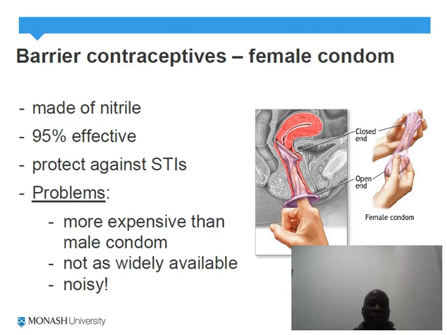It also protects against sexually transmitted infections, but it has some problems also. It is more expensive than the male condom and is not widely available. The last part is that they are noisy. Once you put it in and are involved in sexual intercourse, they will produce an obnoxious noise. So people must be aware of that.